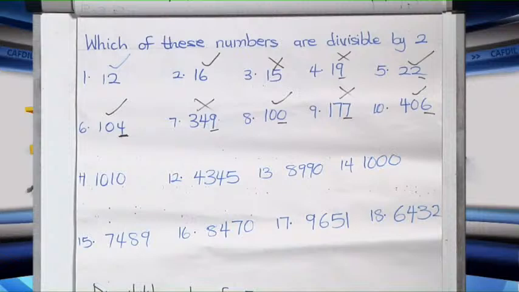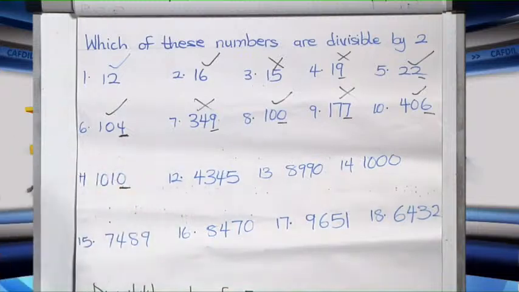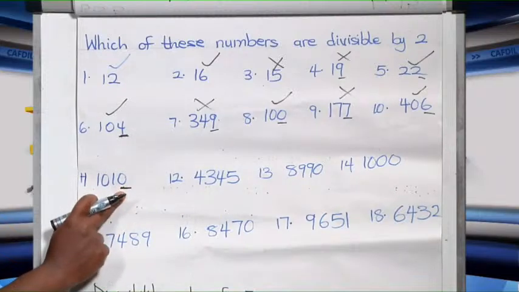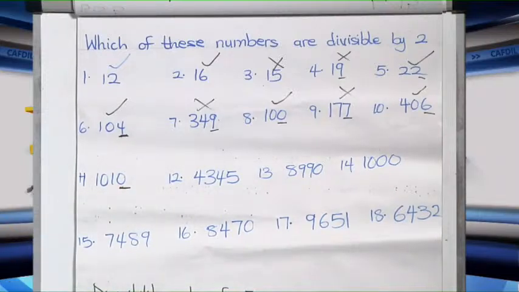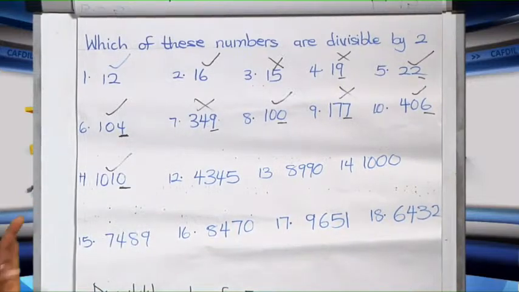Is 1010 divisible by 2? Is it a multiple of 2? Before we can say that, let's check the last digit. The last digit is 0. 0 is an even number. So 1010 is divisible by 2.